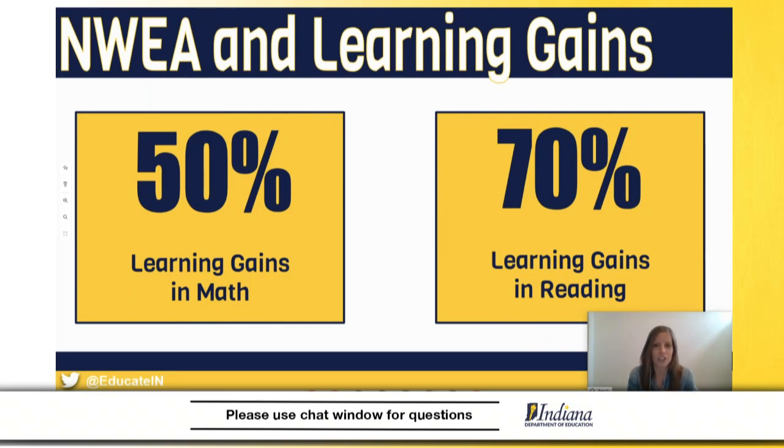Learning gaps occur every year, whether there's remote learning or not. But when you couple summer months with remote learning, the gaps can be enhanced. NWEA did a study on the quote unquote COVID slide, which is projected learning gaps and learning gains.